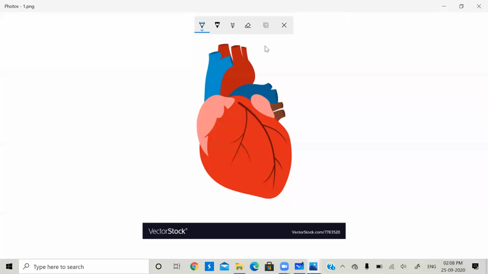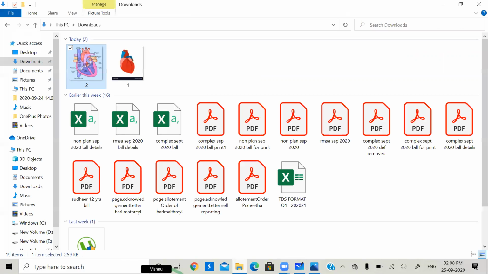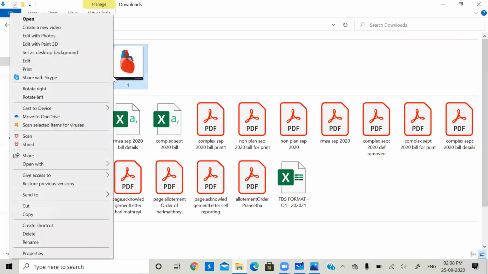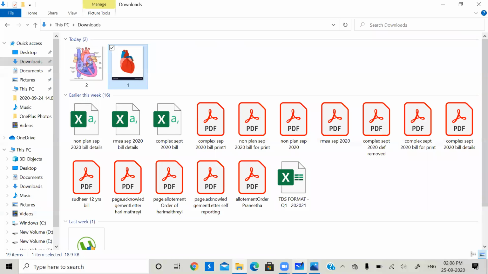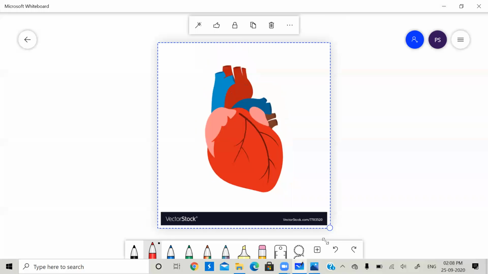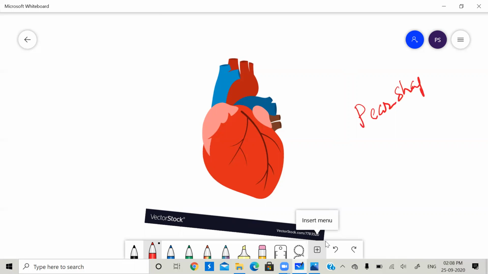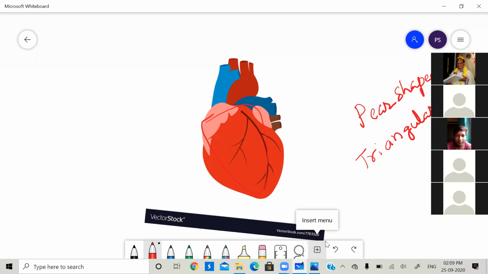It is a pear-shaped structure, and it is somewhat triangular in outline.